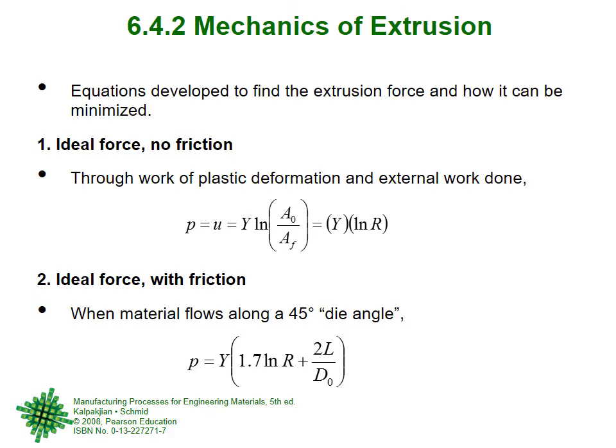So that is there. Or if the die is 90-degree die, then the material internally automatically goes to a shear surface at 45 degrees. Remember, in solid mechanics, when you were doing Mohr's circle and so forth, and you were finding the plane of maximum shear stress, it automatically comes out to be 45 degrees.